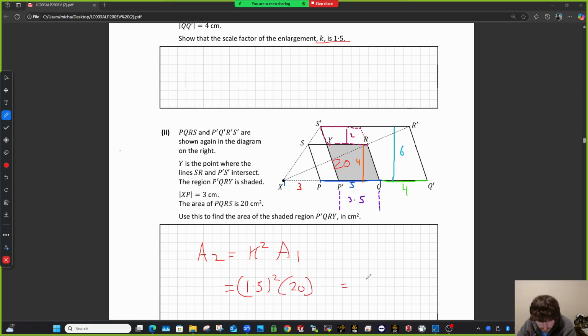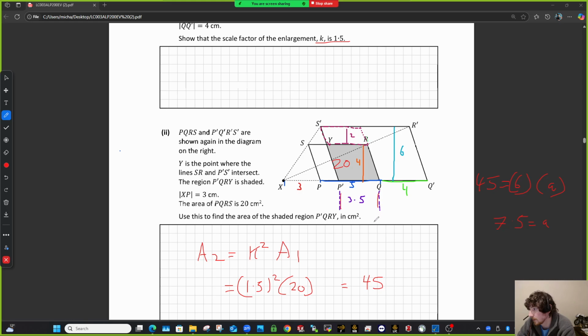That works out as, I think, 45. But because we know the height here is 6, we can work out the base. 45 will be equal to 6 multiplied by the big parallelogram's base, I'll call it A. Then 45 divided by 6 gives 7.5. So A is 7.5.